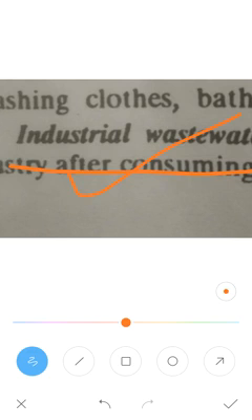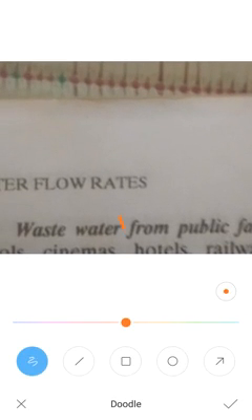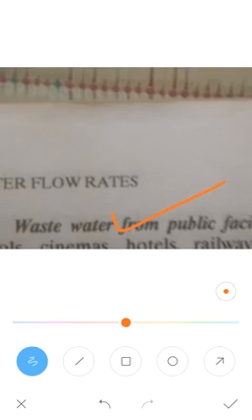Next, another wastewater flow is the wastewater from the public facilities. What are those public facilities?